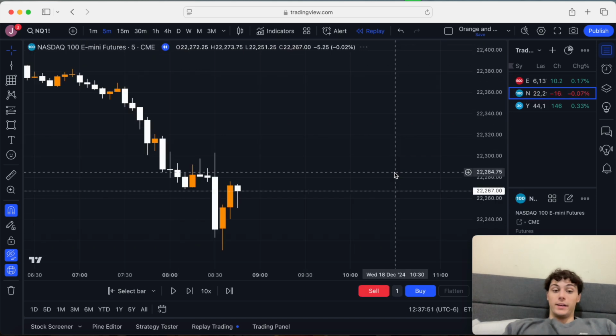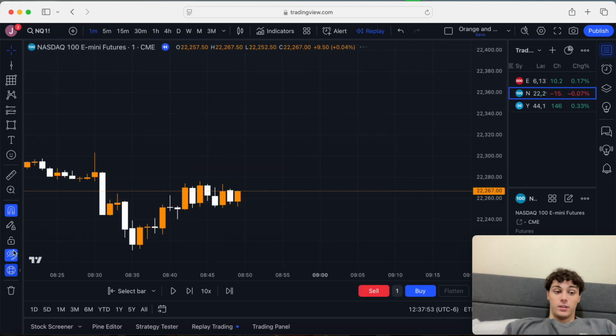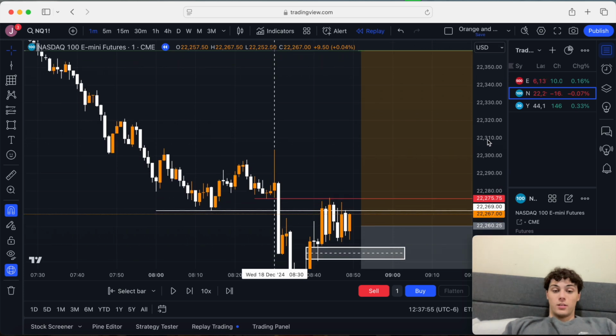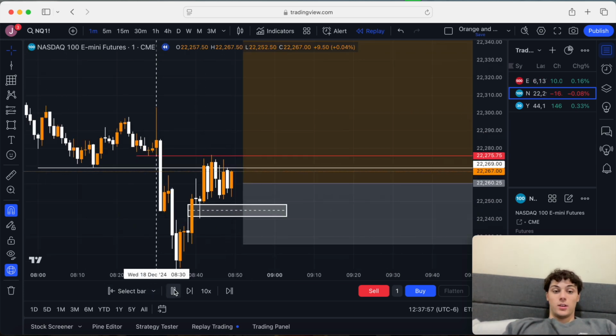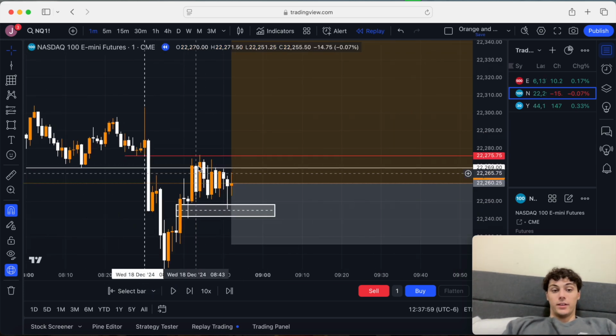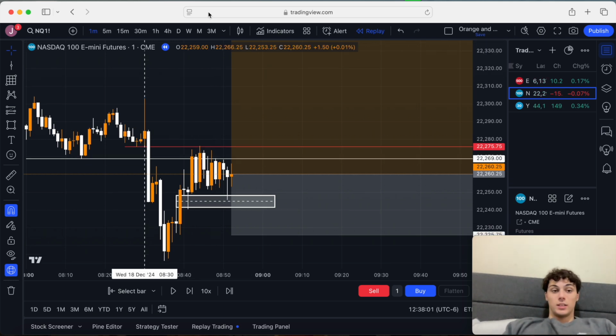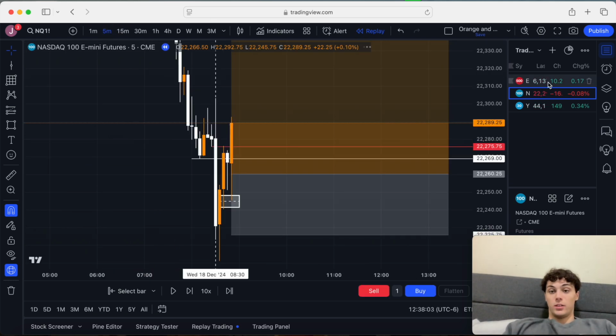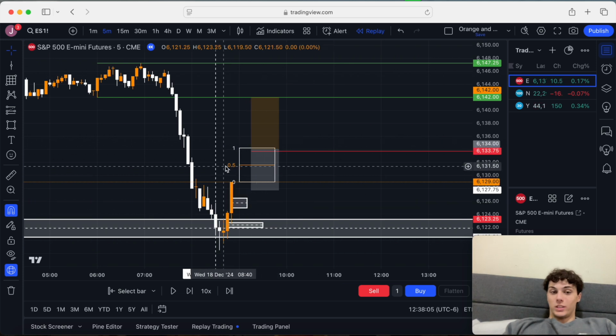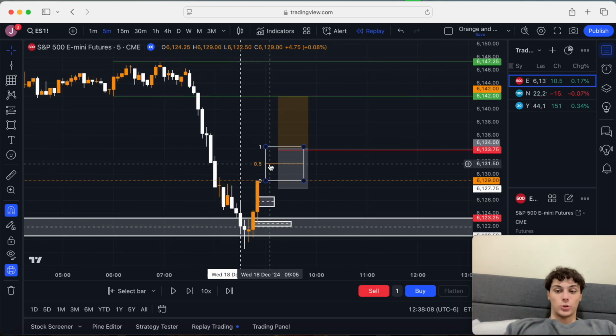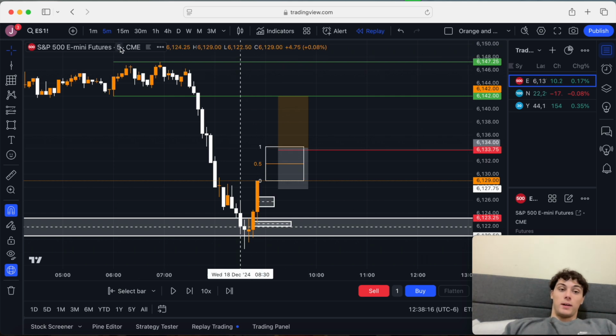So I didn't take this trade right here, because I wanted ES to have a 5-minute retrace as well, and it just wasn't giving that. So I wasn't going to enter a trade on NASDAQ just because it retraced and ES didn't. So that's what was going through my head.